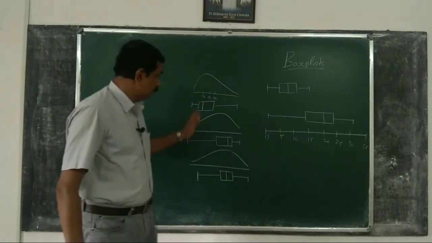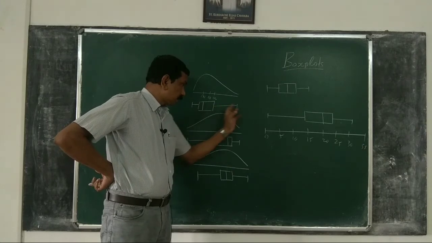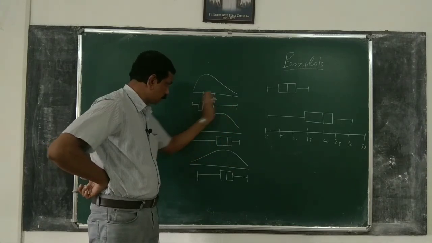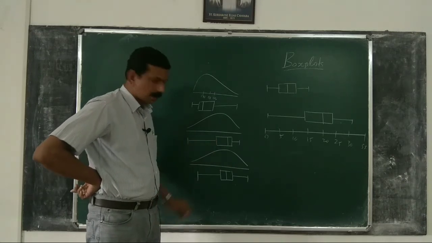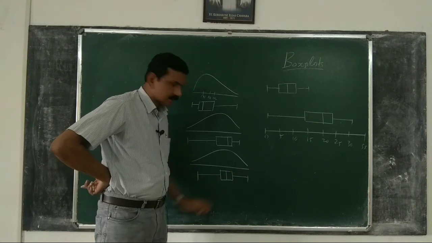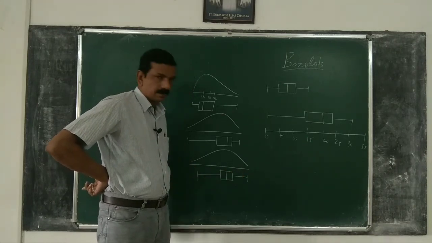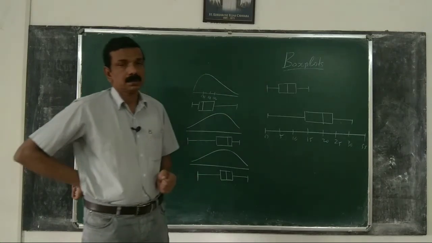For a right skewed distribution, the spread is largest in the fourth quarter. For left skewed, the spread is largest in the first. For a symmetric distribution, the spread is the same in the first and fourth quarters. That is all about box plots.